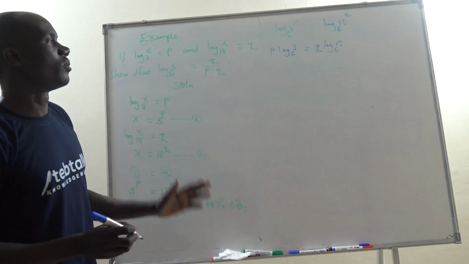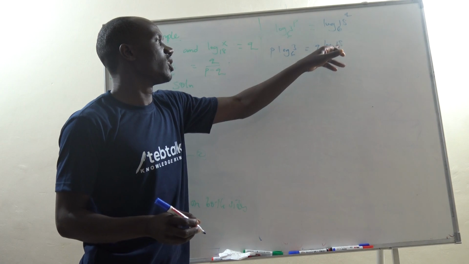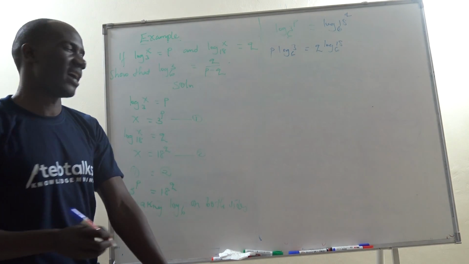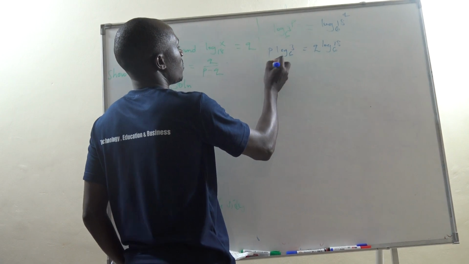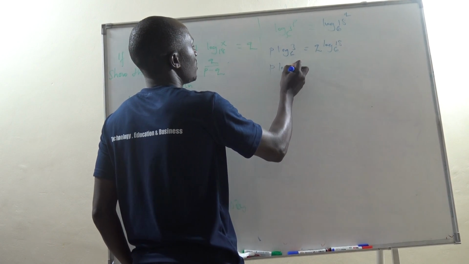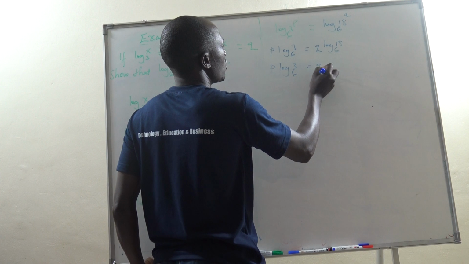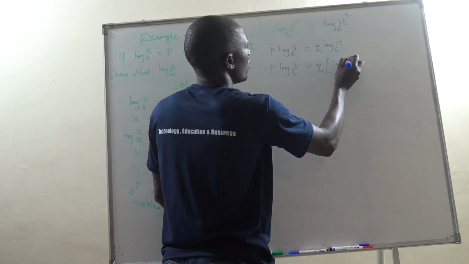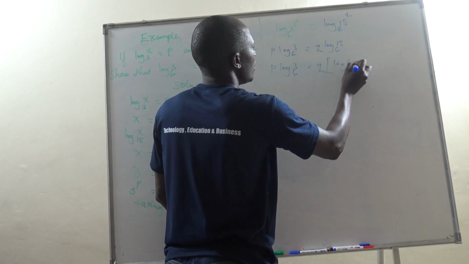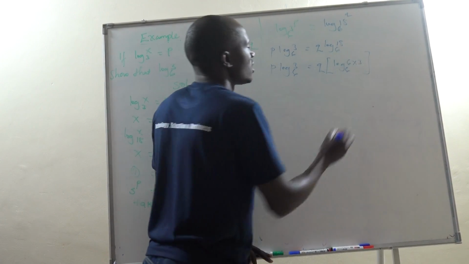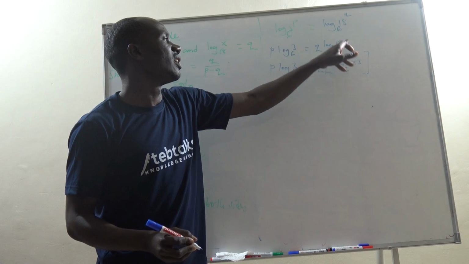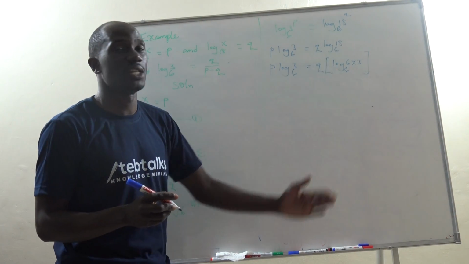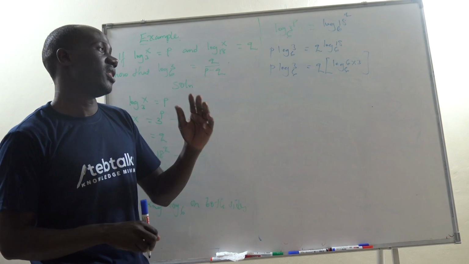Now we can try to express 18 in terms of 6. We look at the product: p log of 3 base 6 equals q into log of 6 times 3 base 6. 6 times 3 is 18, so we have not changed anything, but we are creating something related to that base.